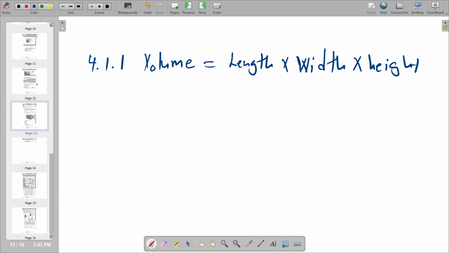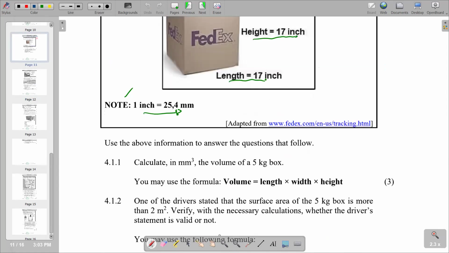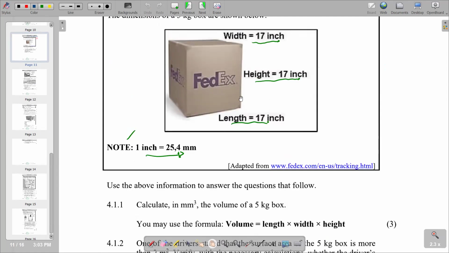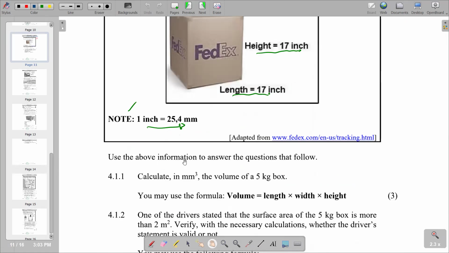Since all the sides are 17 inches, we first have to express our inches in millimeters, and then we just multiply, because the sides are the same. The question requires us to express the answer in millimeter cubed, so we have to express our size in millimeters.